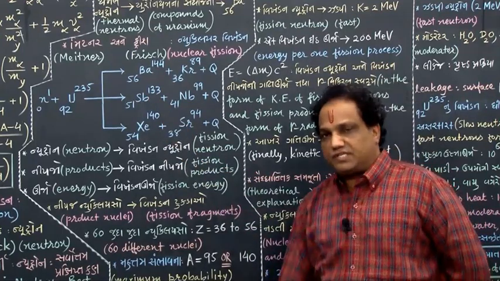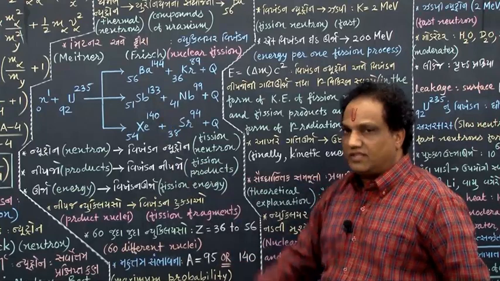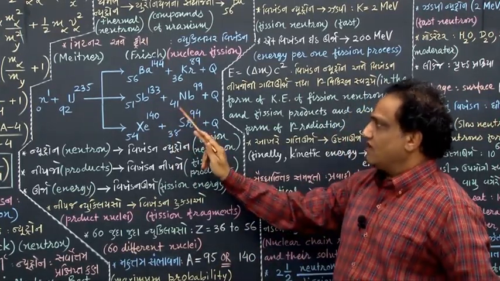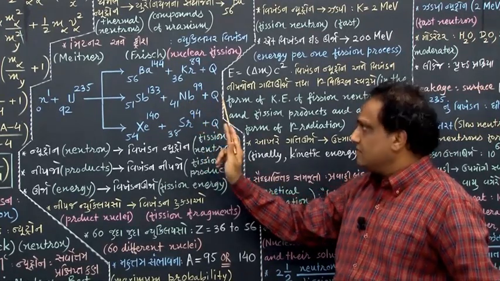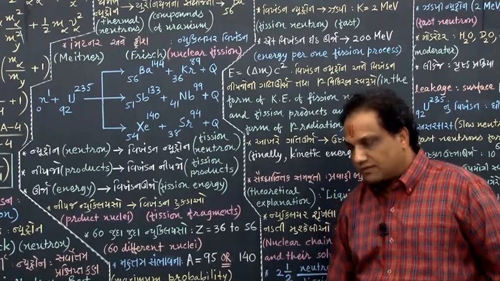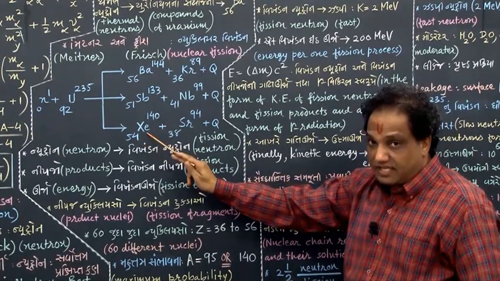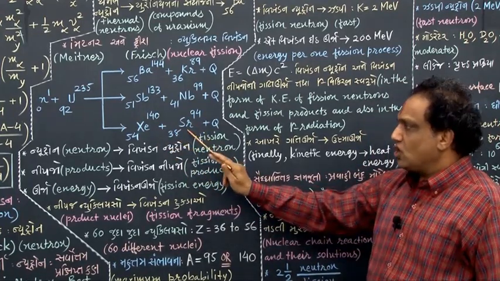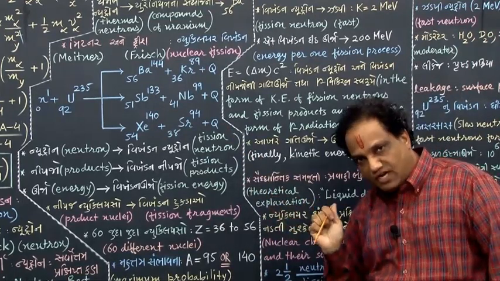In the second process, you may get these two. 51 Sb 133. Sb means antimony. 41 niobium 99. Nb means niobium. This is Q value of the reaction. Third one, 54 Xe, that is xenon 140, 38 strontium 94, plus Q is Q value of the reaction.